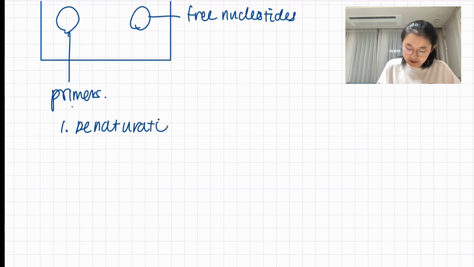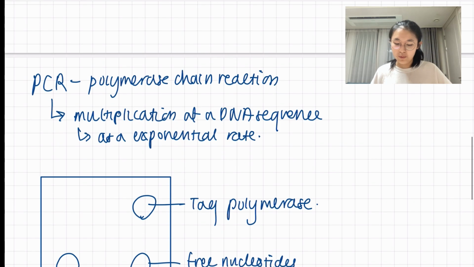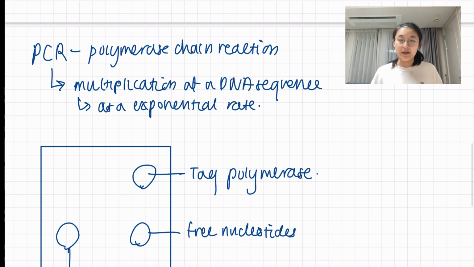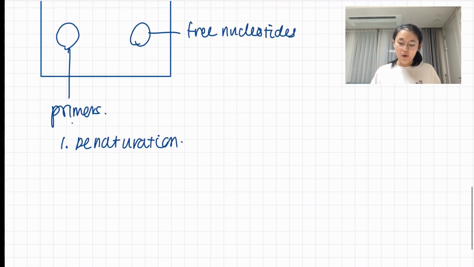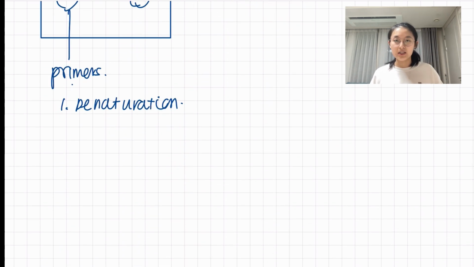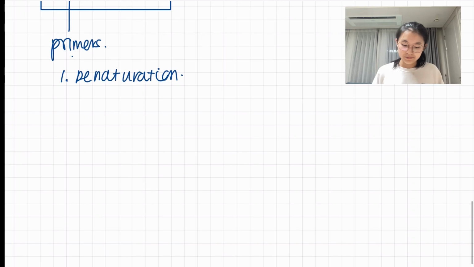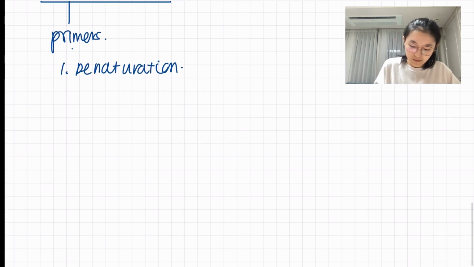Now, what happens in a PCR machine where we're trying to get the multiplication of certain DNA sequences? Well, we go through this process of denaturation, wherein we increase the temperature to so high that the hydrogen bonds between the DNA strands will break, and this will cause the creation of two separate DNA strands. So this is where we raise the temperature to about 90 degrees, essentially.